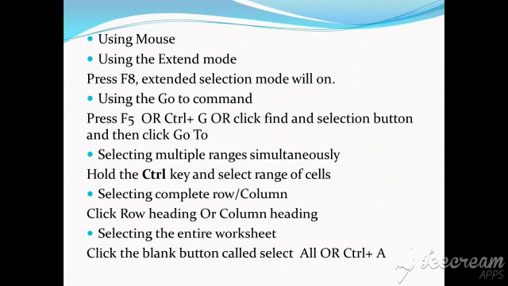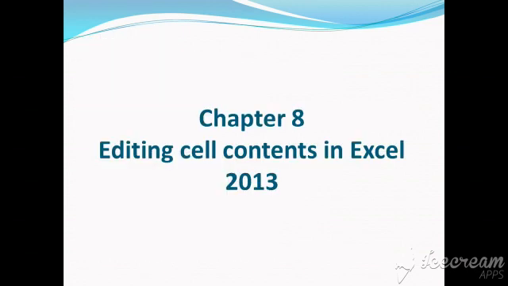Then we have the entire worksheet. If I want to select the entire worksheet, as you can see in the top left corner, we have a blank button, also called the Select All button. You just have to click there and the entire worksheet will be selected. Or if you want to use a shortcut key, we have Ctrl plus A. By that we can select all the cells.